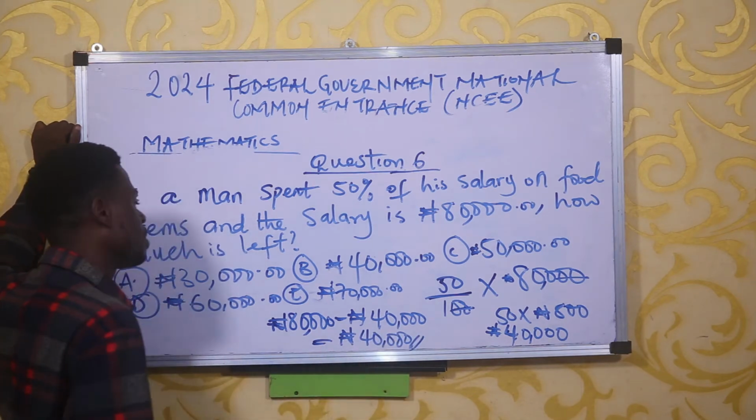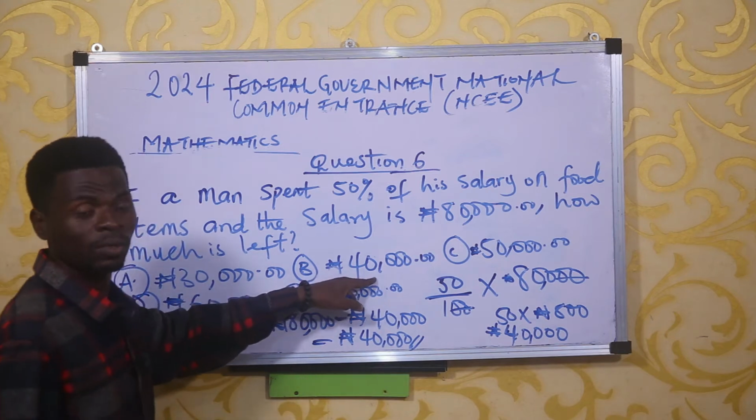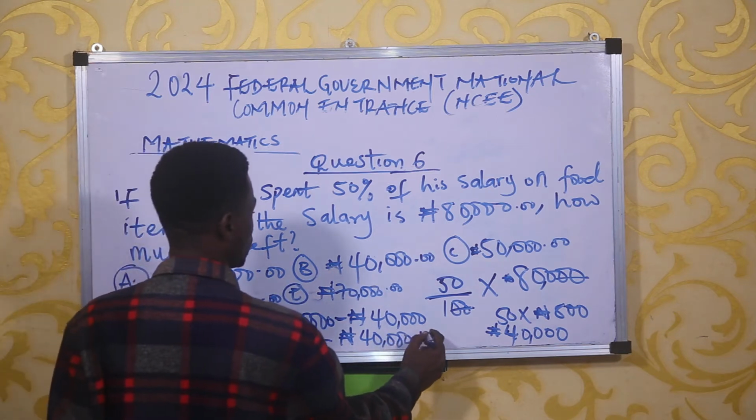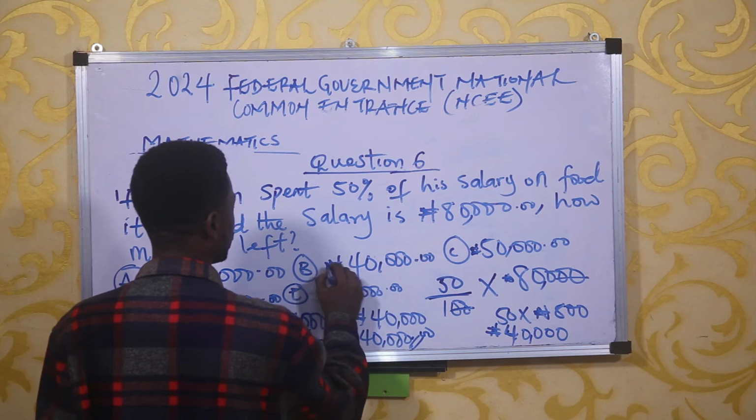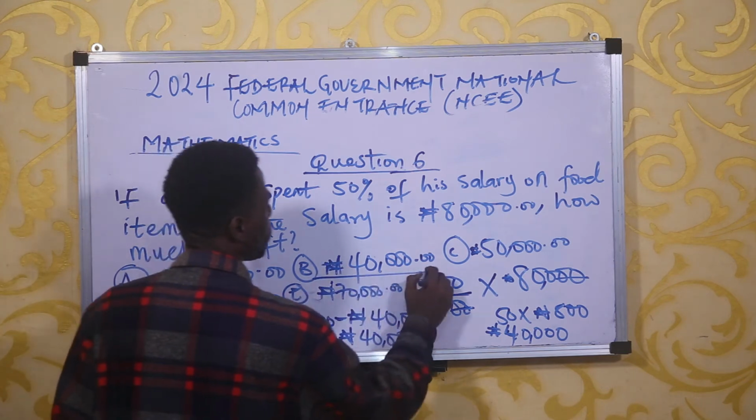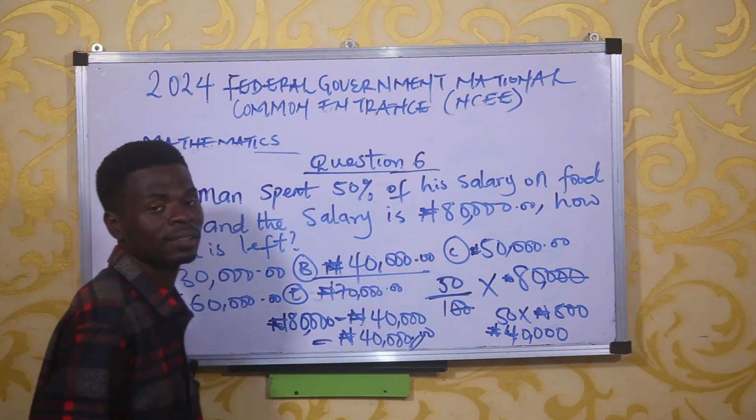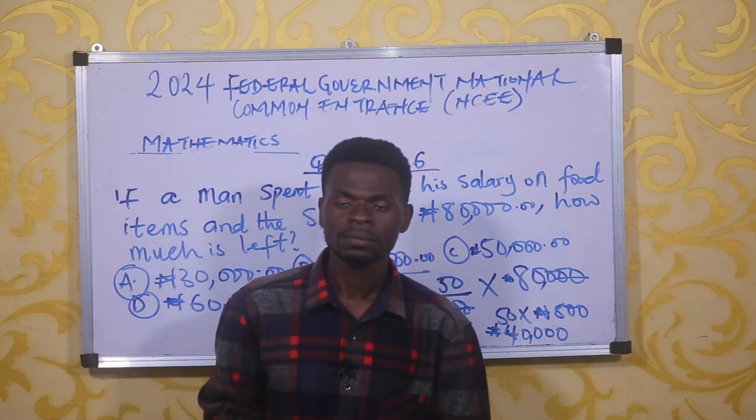So the amount that is left is 40,000 naira. Our option here is option B. That's our answer. Thank you very much.